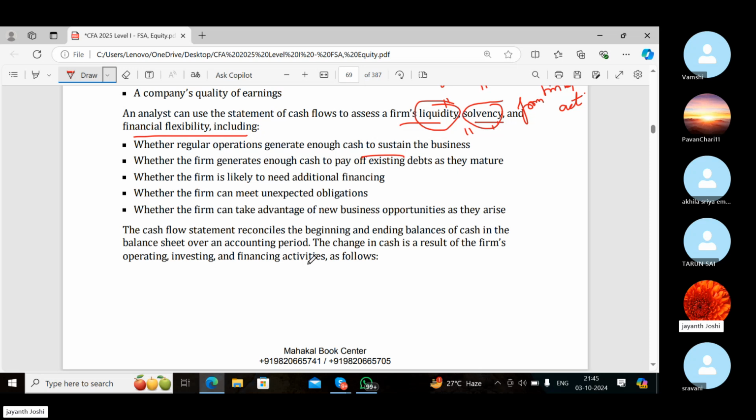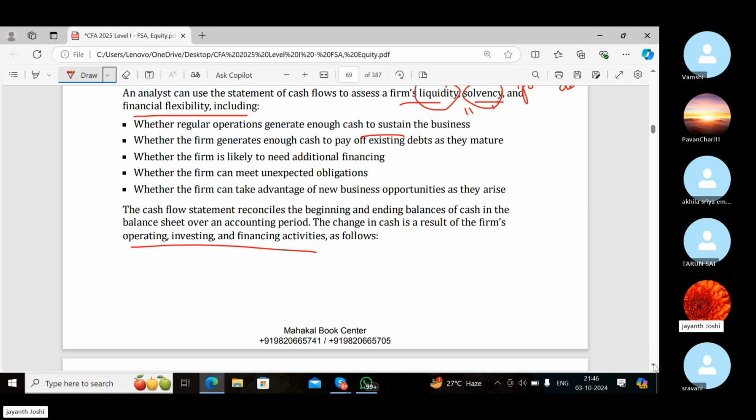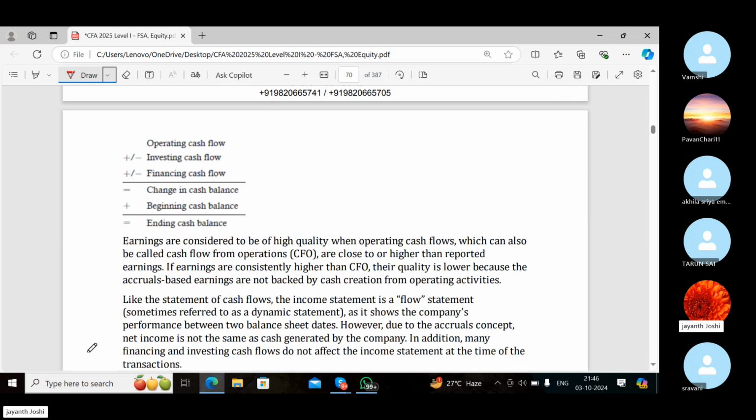And I have already explained that when we make a cash flow statement, we divide the inflows and outflows amongst these three activities. This is a very simple and small format of a cash flow statement.